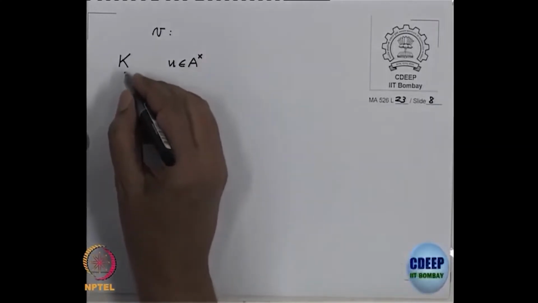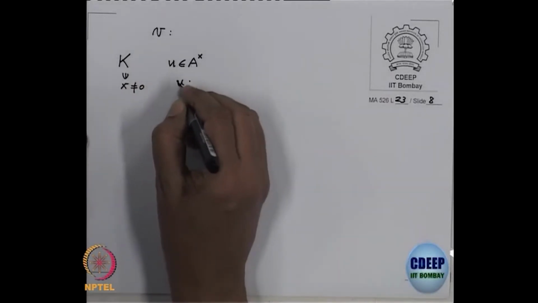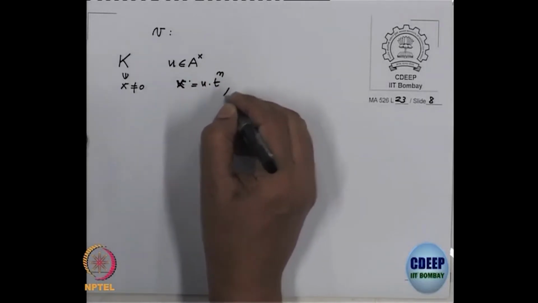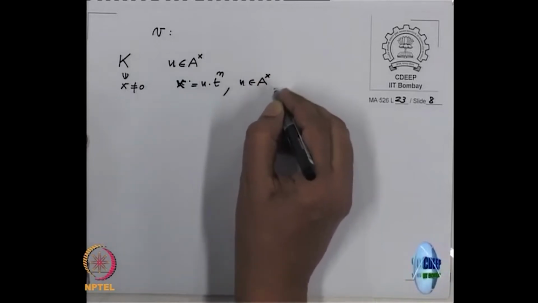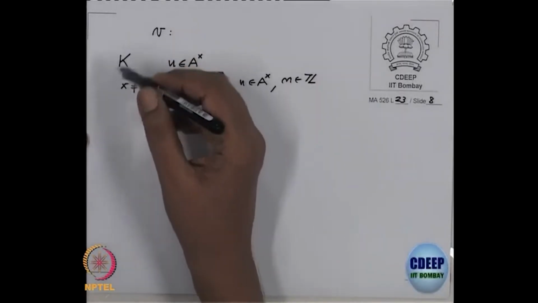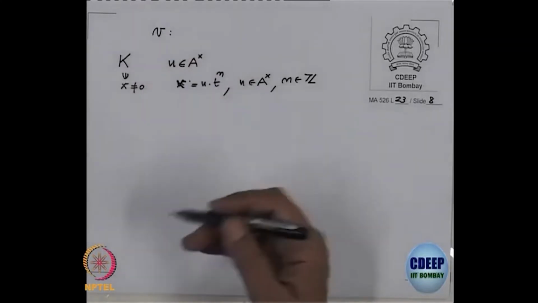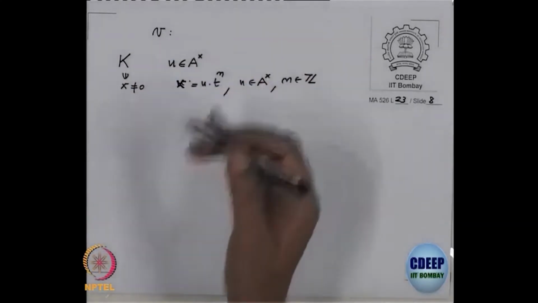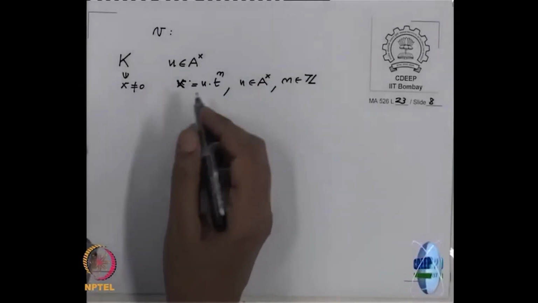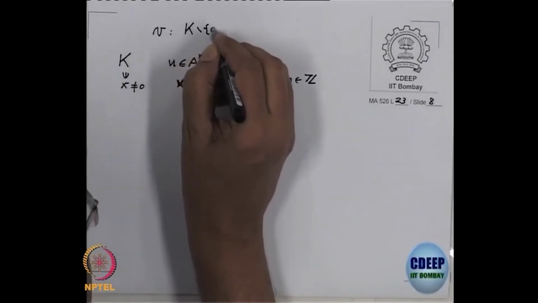So, every non-zero element x in K, I can write uniquely in the form x equal to u t power n, where u is a unit in A and n is an integer. Because any element of K is some element of A divided by some element of A, and then you club the units together and the powers also together, and you will have to allow negative powers. So, every element we can write like that. Now, we can define V on A minus 0 obviously to Z.